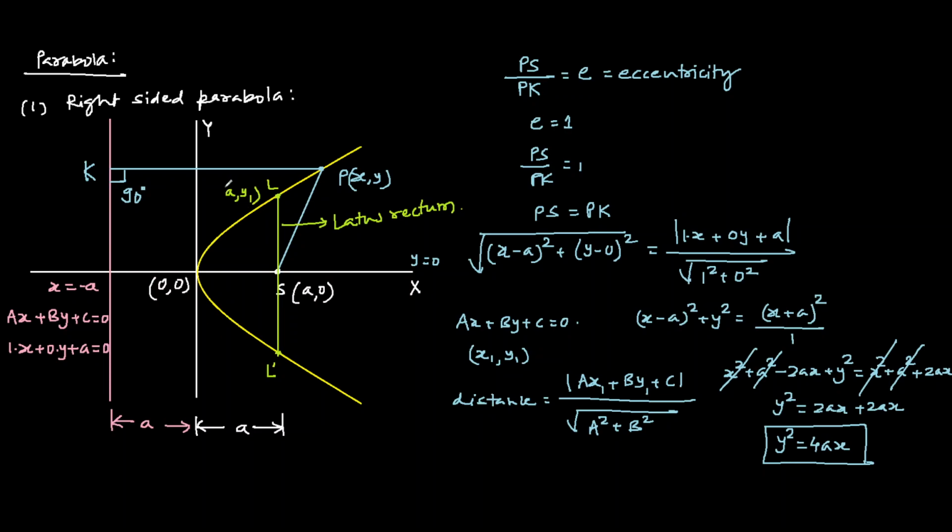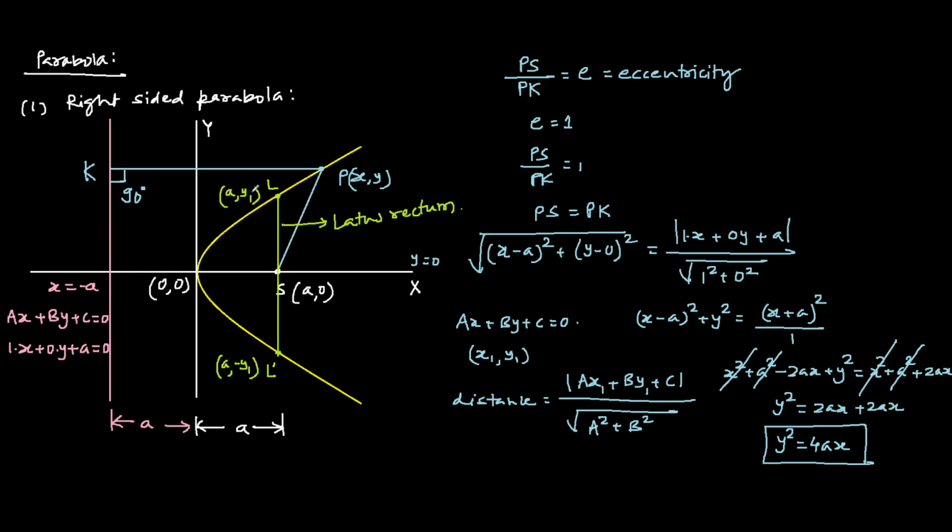Say this is y1, and L dash should be a comma minus y1. Okay, and the L and L dash points are lying on this parabola. It means these 2 points will satisfy this relation or equation of the right-sided parabola. So now we can find out y1.